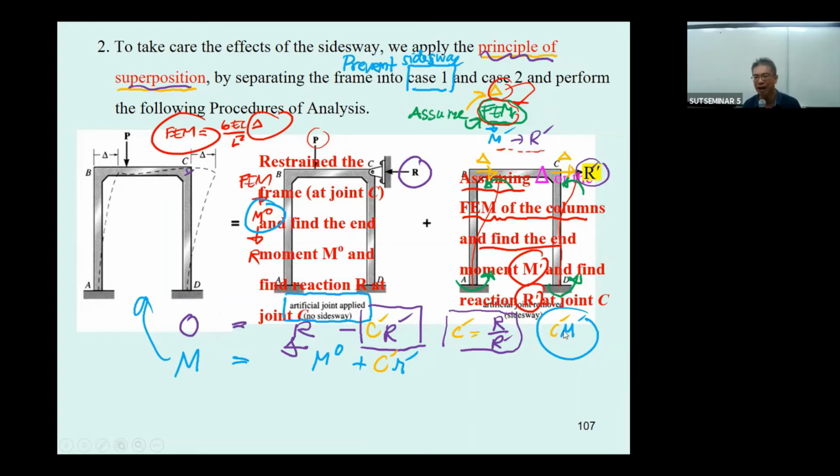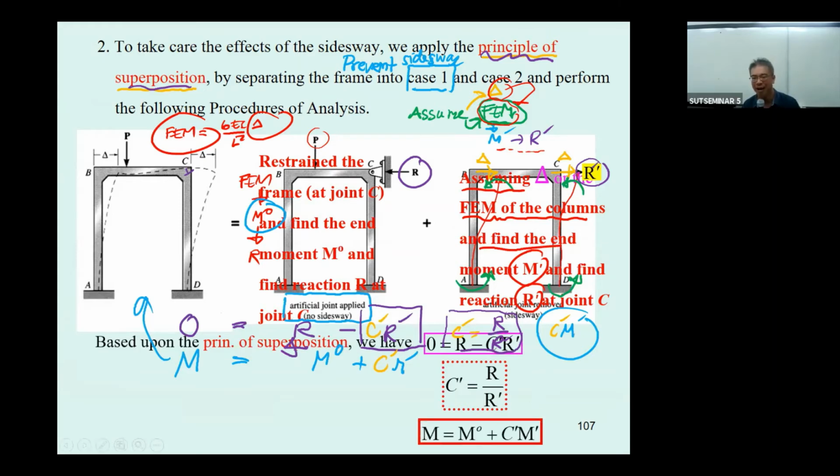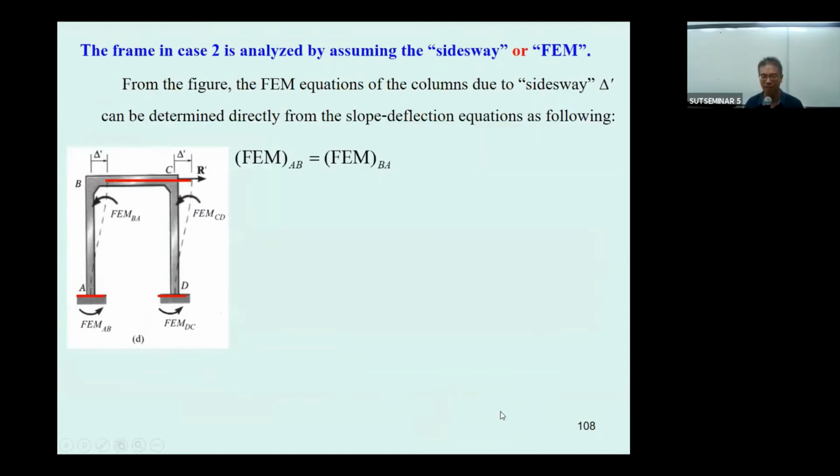And then you put into this one to have the correct factor to adjust the M palm. By doing this, what we get is C palm equal to R divided by R palm, and then the moment M equal to M super naught plus C palm M palm. So that is the whole thing.